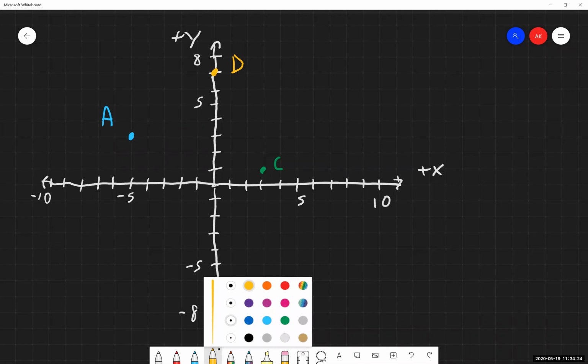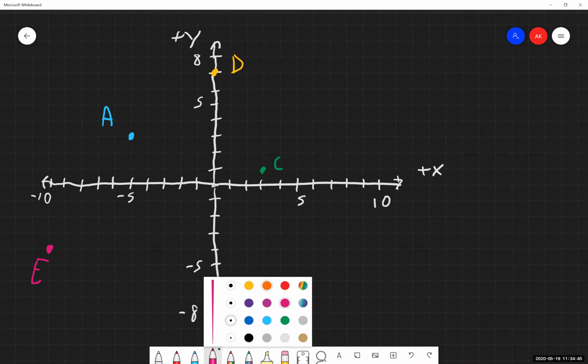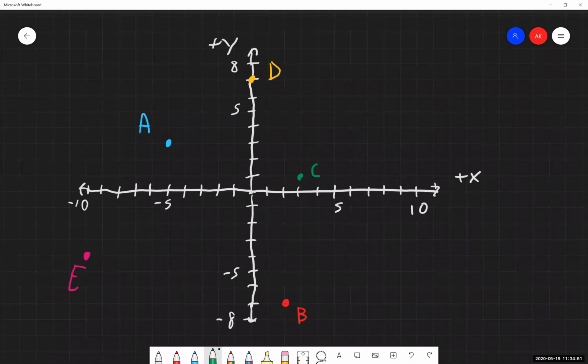And we'll throw one more in there just for good measure. E. Okay, so we have 5 points here. I'll move this just a little bit over. Hopefully that's a bit centered now.